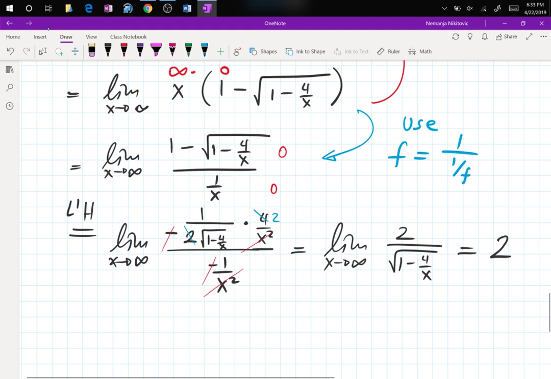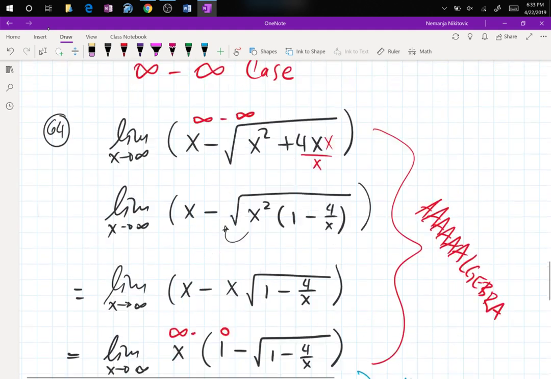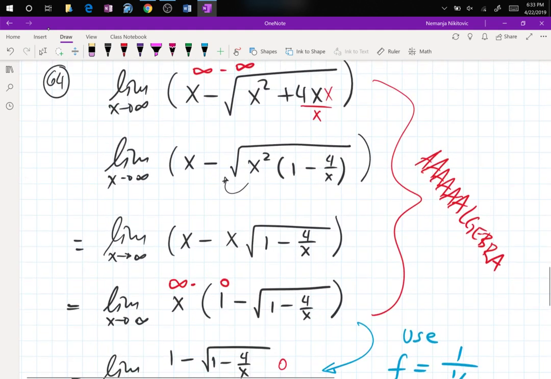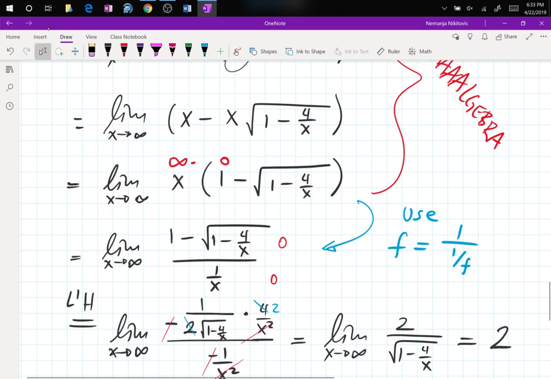Little bit of a stretch and a problem, but doable. So infinity minus infinity case, we use factoring to turn it into multiplication. We use our division algebra trick to turn it into division. Finally, it's 0 over 0. We use L'Hopital. The derivatives kick in. You check. Maybe you have to use L'Hopital again, right?